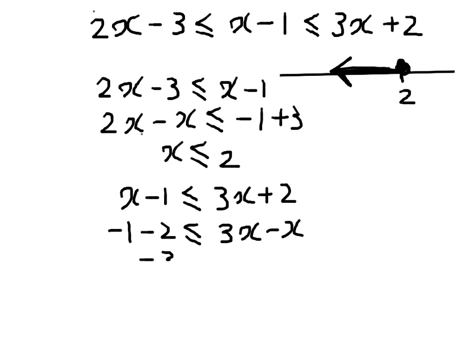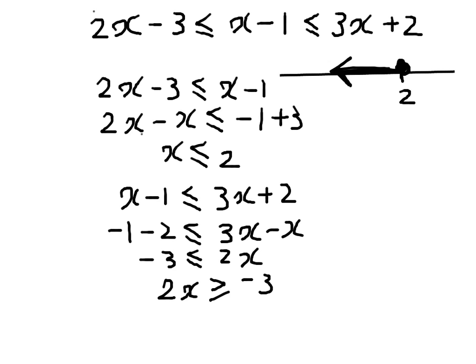So minus 3 and 2x on the right hand side. I'm just going to flip it. So 2x on the left hand side and minus 3 on the other side.